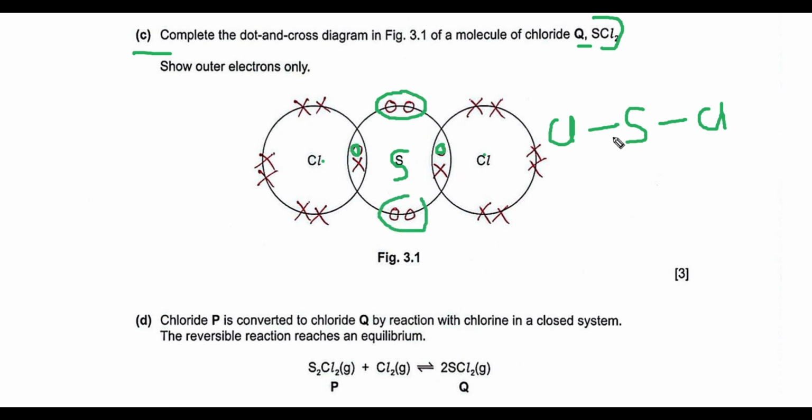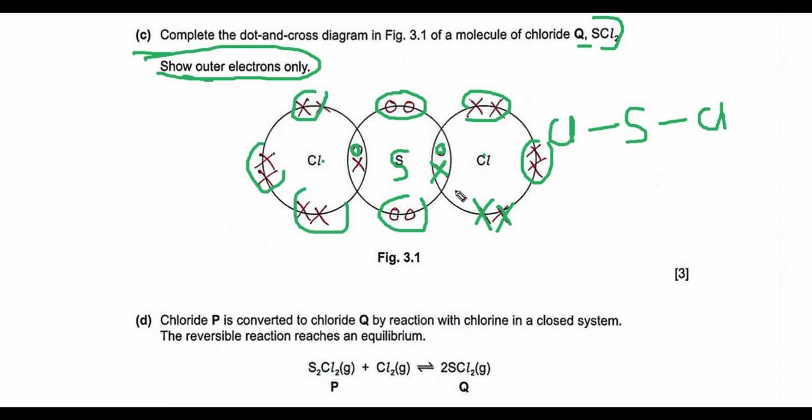Chlorine is group 7, so it gives 1 electron in bonding and has the remaining 6 electrons in its outer shell. Show the outer electron shell only. Here 2, 4, 6. This is the dot and cross diagram for sulfur dichloride.